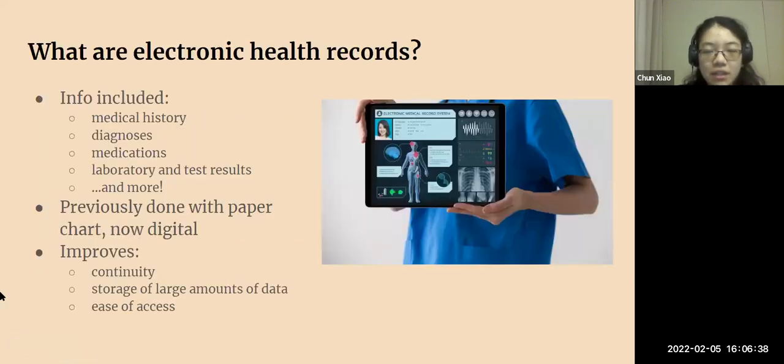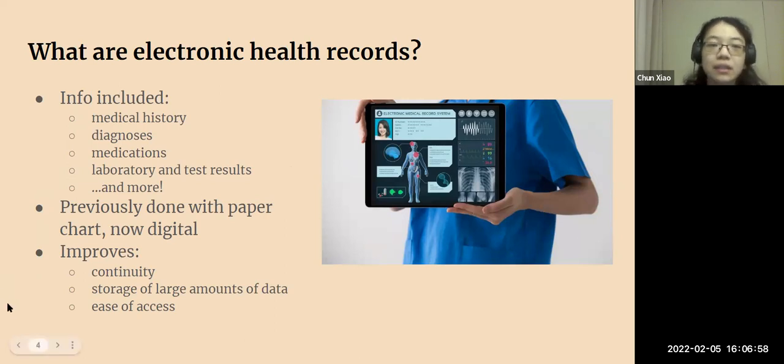So next, we are going to talk about electronic health records, because for natural language processing, most of the information and data that it uses to do its job comes from electronic health records, since this is obviously the largest body of information we have that's in a textual form.